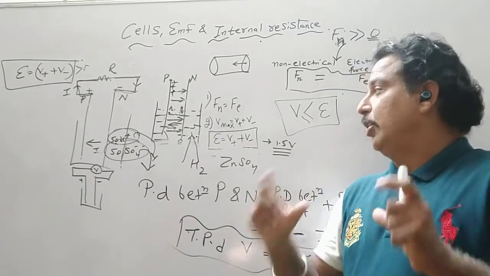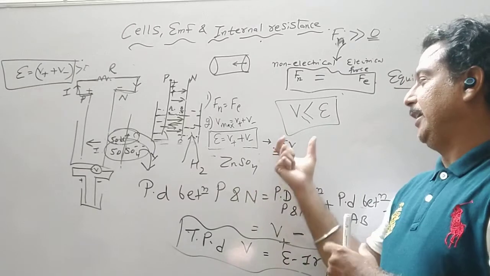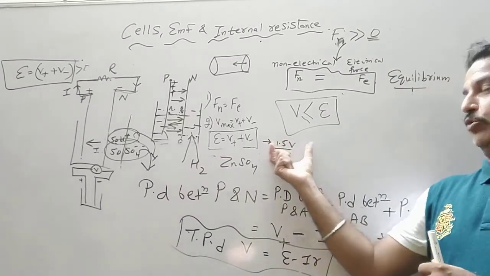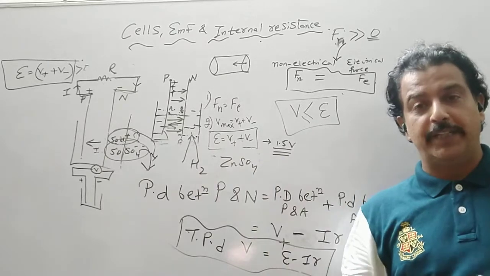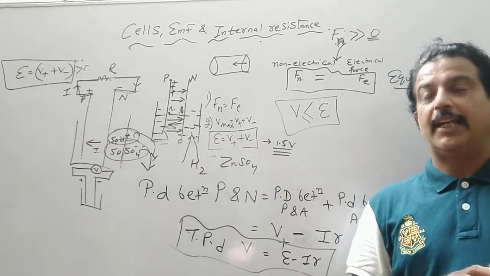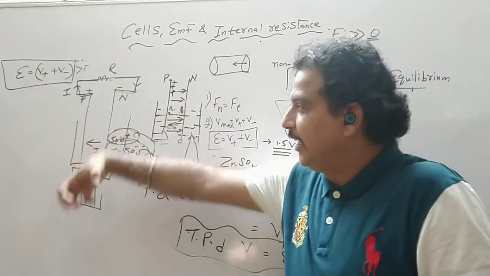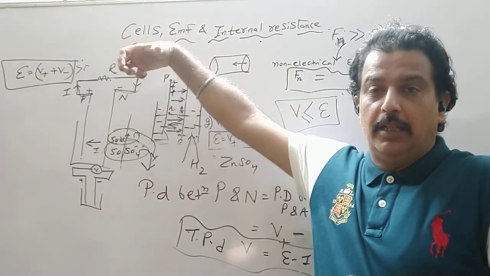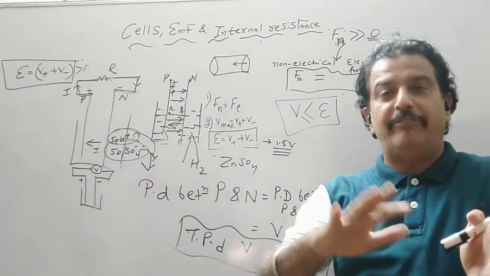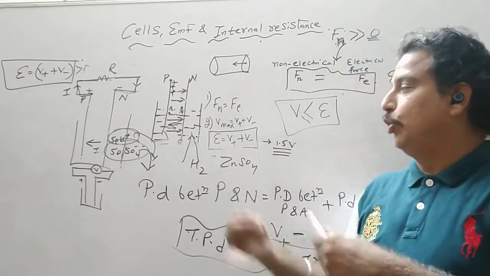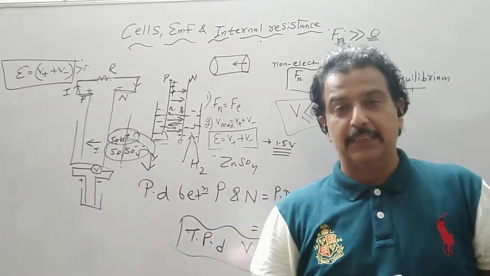So if you bring a cell from the market and it is written as 1.5 volt, and you try to measure it with the help of a voltmeter, you will find that whenever current is being drawn from the cell, its potential difference decreases. That is, EMF minus something. So it will show you, say, something like 1.3.